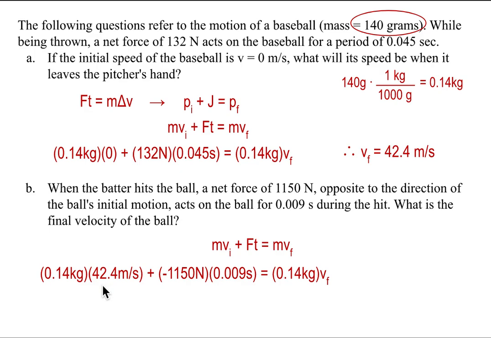Again, that final velocity from the last part of the problem becomes our initial velocity here. We're continuing the story. Also, the fact that the force was exerted opposite to the motion, we've got a negative sign in there for that force. So that momentum is being taken away. Then we have our time, and again, we're going to solve for the speed.